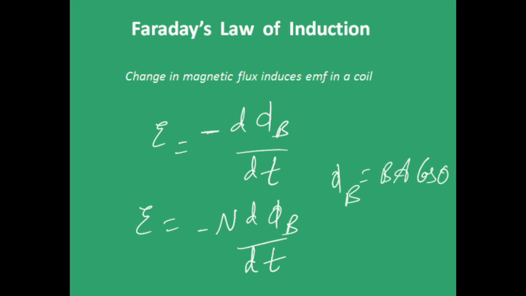So you can vary the flux either by varying B, or by varying A, or by varying theta. In the experiments we discussed now, the change in flux was due to the variation of B. You can also change the flux by, say, shrinking a coil, by changing the area. The third case is varying theta. The example of that will be the problem that we are going to discuss now.